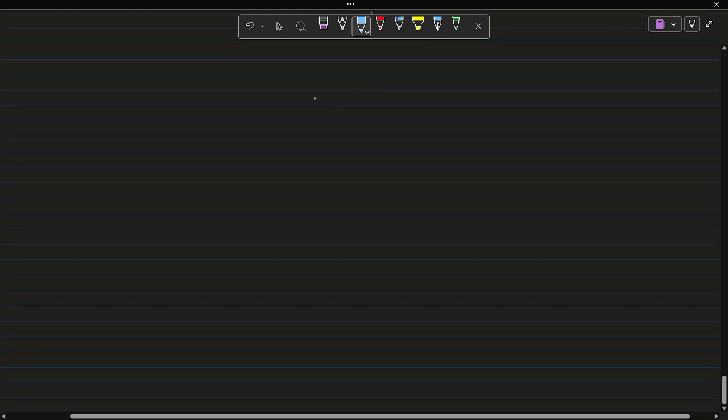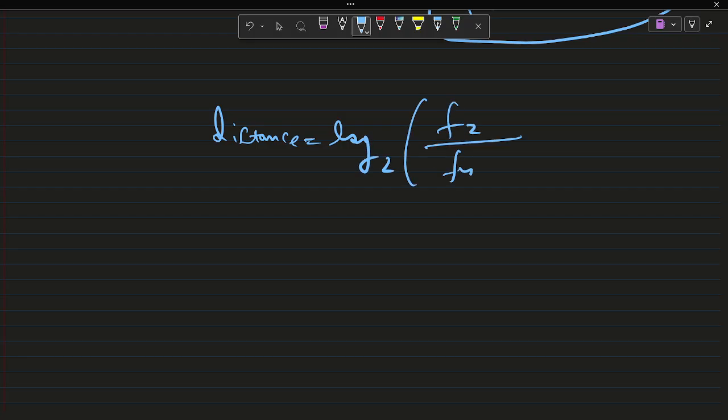Okay, so that time we got the formula of distance as log base 2 fz by fy. Now it's time to scale this value. Suppose your frequencies are one octave apart.